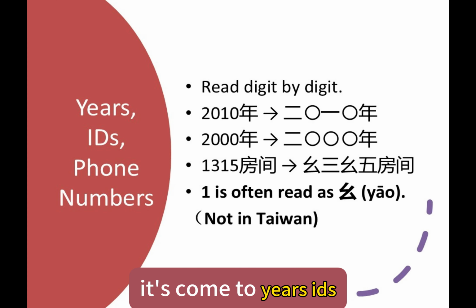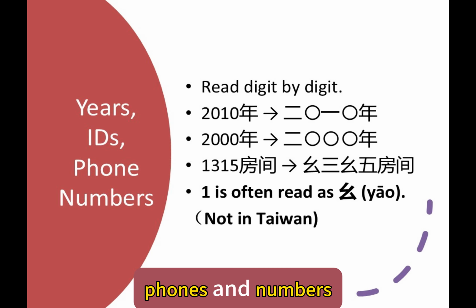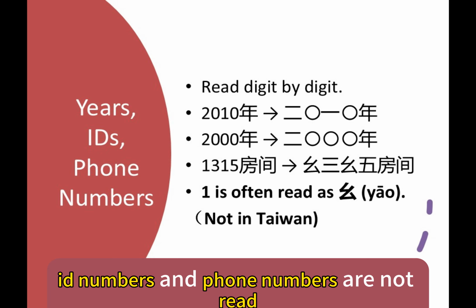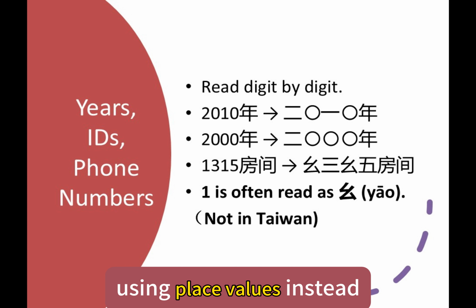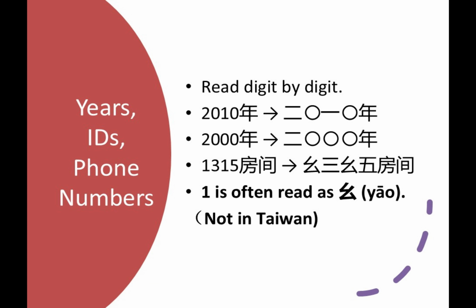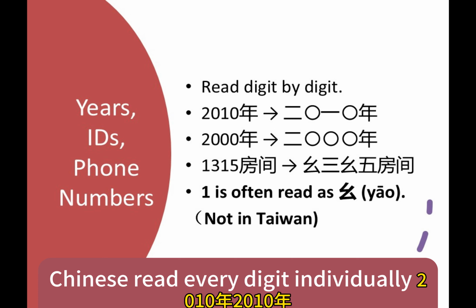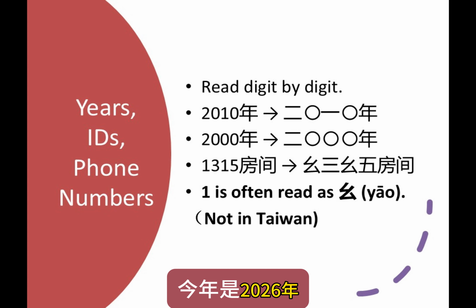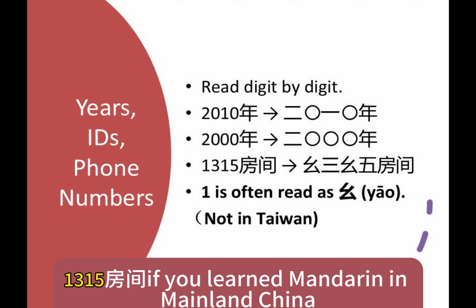Let's come to years, IDs, phone numbers. Years, room numbers, ID numbers, and phone numbers are not read using place values. Instead, Chinese reads every digit individually. 2010年, 今年是2026年, 1315房间.